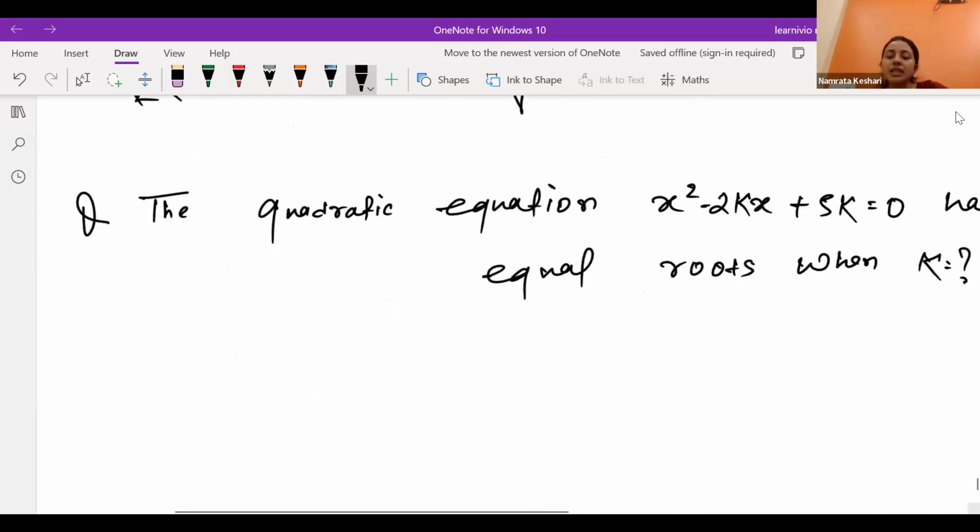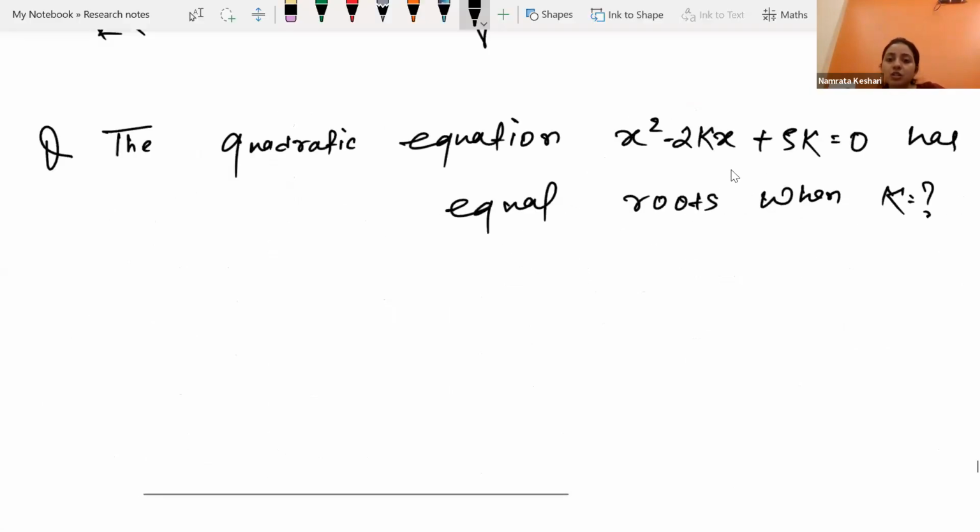Have we done this type of question, where the quadratic equation is this, has equal roots, and we are supposed to find the value of k? Please find it.